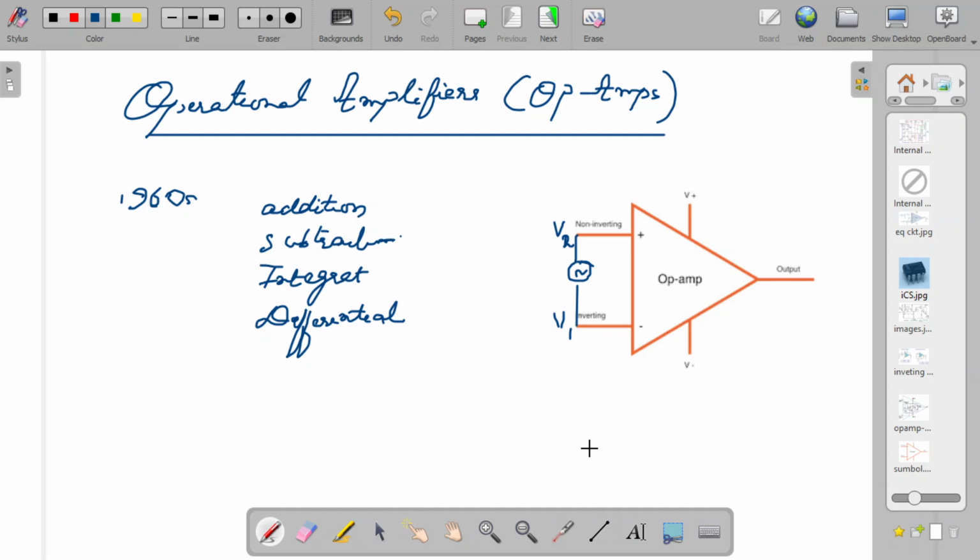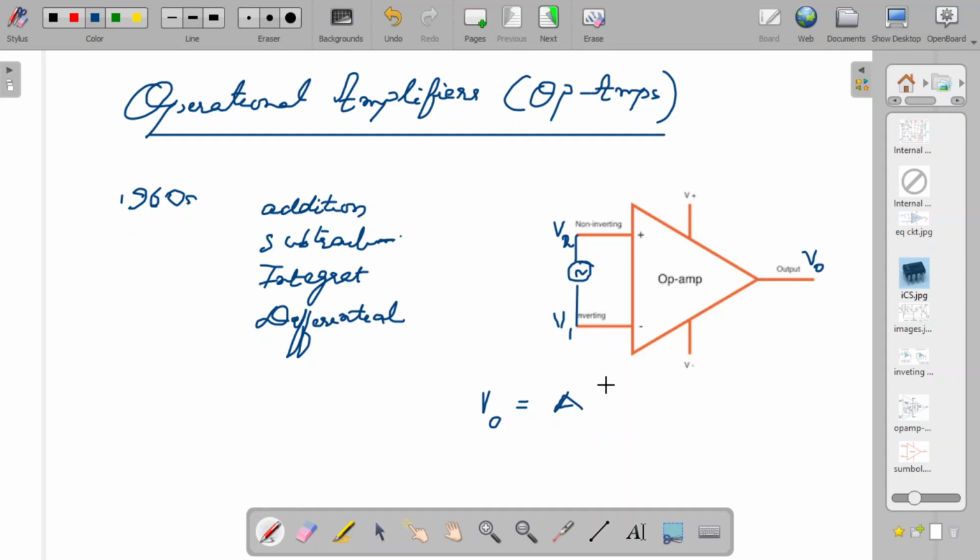You know that this op amp will have a gain, and let me call this gain A. As in the case of a transistor, this op amp is also basically an amplifying device. That means it should have a gain, right? So let me call this gain A, and let me call this the output. So you will get an output which is actually the gain multiplied by the input.